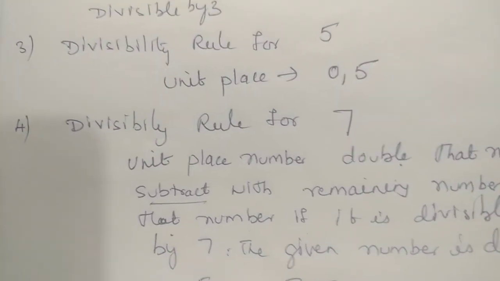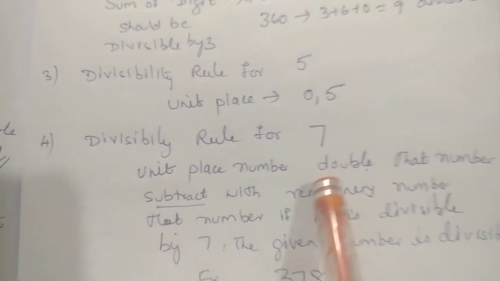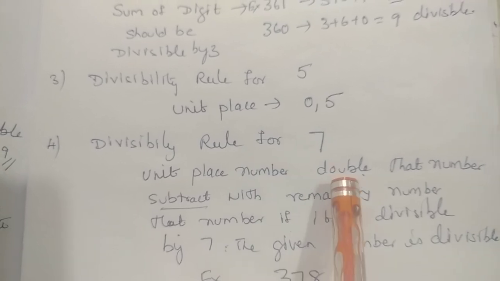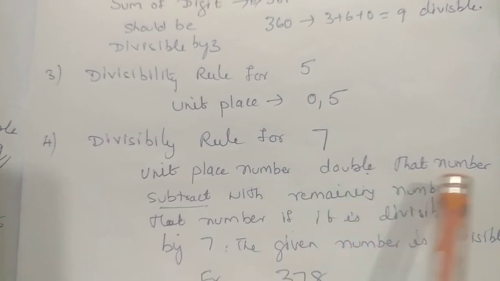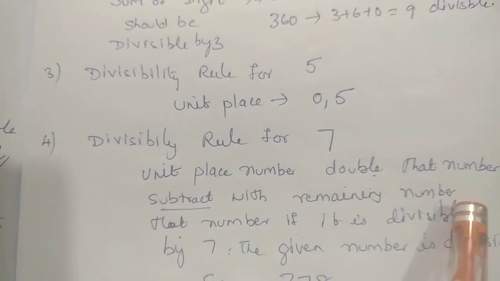Similarly, the divisibility rule for 7. This is a little bit tricky. Take the units place digit and double it, then subtract that from the remaining numbers.